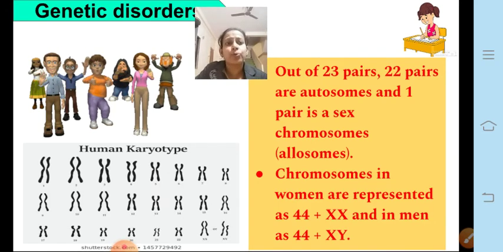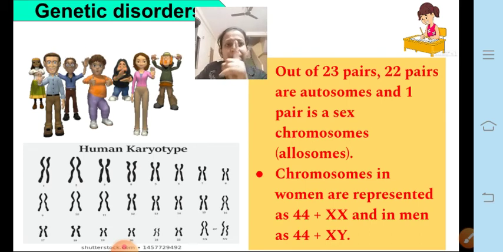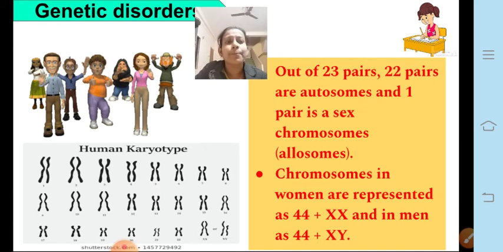A pair means 2 chromosomes, so 22 pairs will be 44. The last pair, which is the sex chromosome, has double X or X and Y. If it is 44 plus XX, then it will be a female, and if it is 44 plus XY, then it will be a male. So this is regarding the human karyotype.